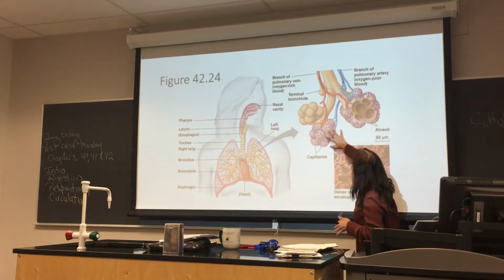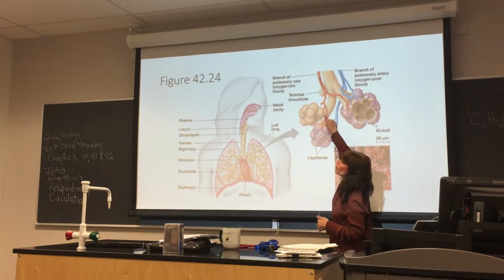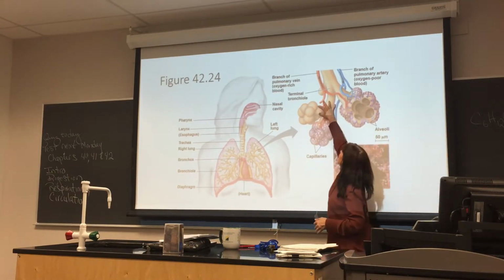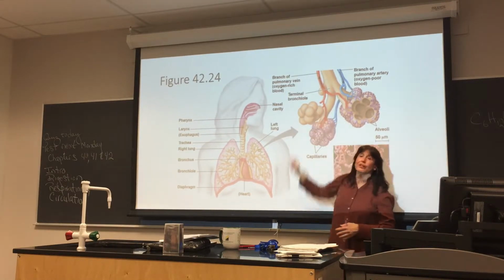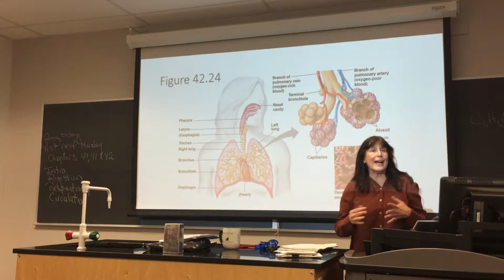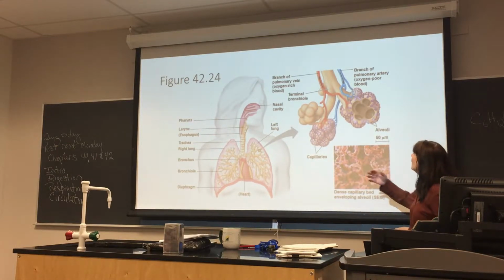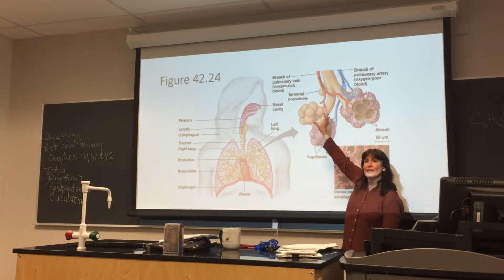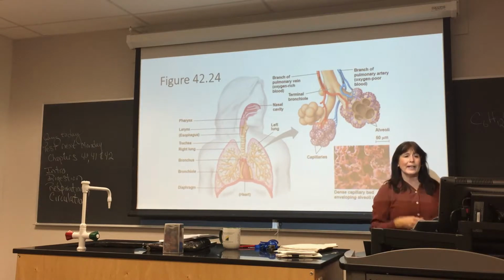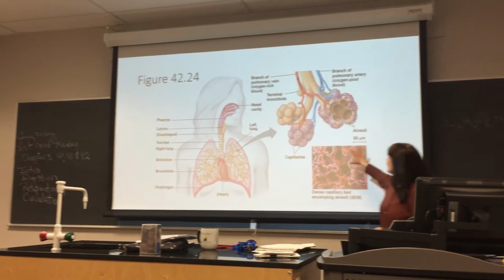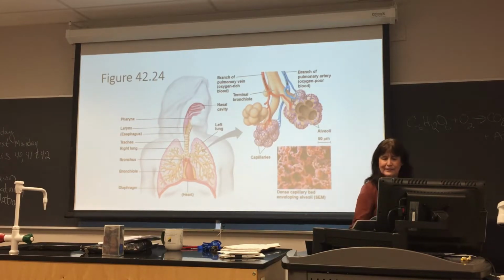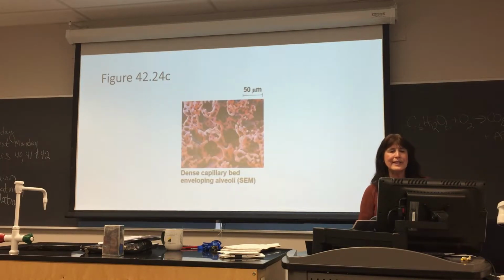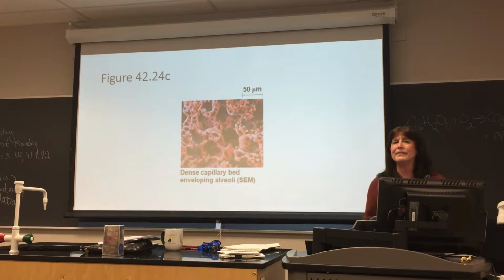And you can see it changing over here. They're showing it red, and that's because the oxygen that's in the alveoli is entering the circulatory system now. So at the site of the alveoli, you're getting rid of the carbon dioxide and you're bringing in the oxygen, and it's an extremely rich area over here. Okay, so here you could see it's a very dense bed of capillaries.